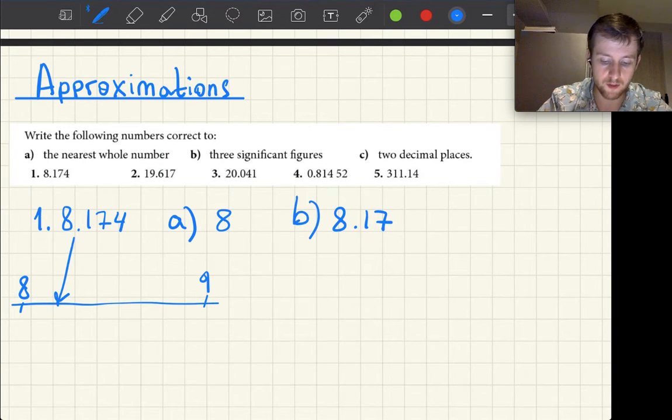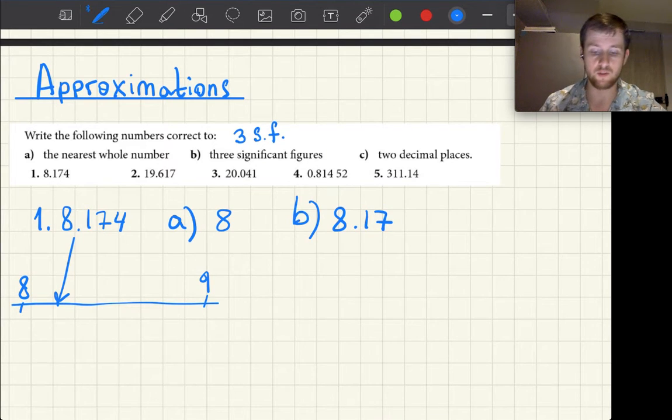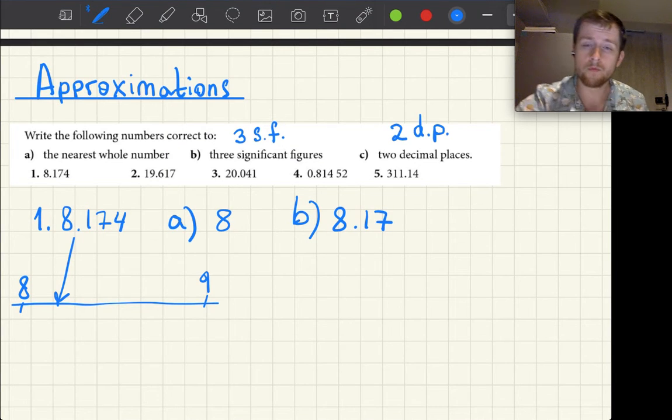Sometimes you would see it written like this, 3SF, which is for significant figures, and two decimal places can be written like this, 2DP. I see this in past papers quite often.